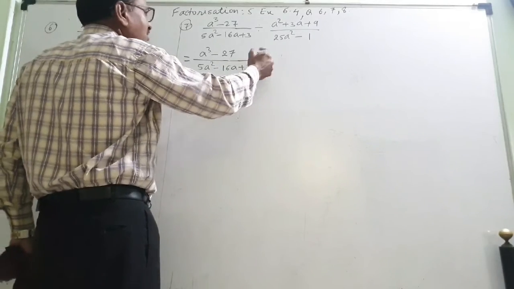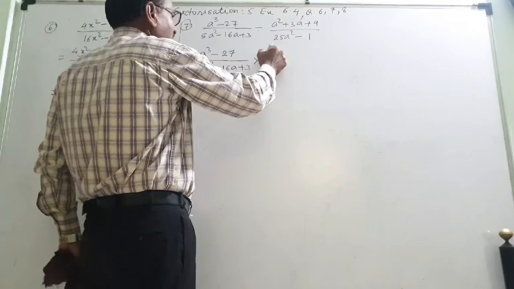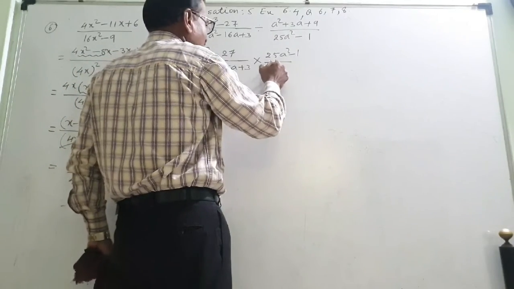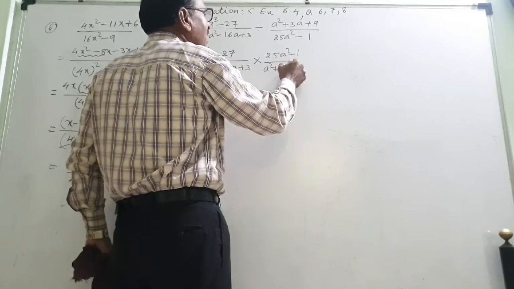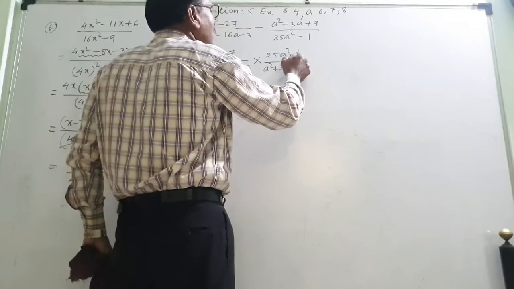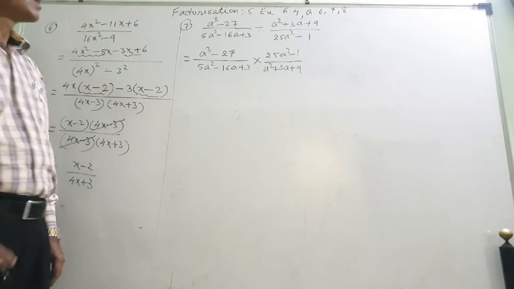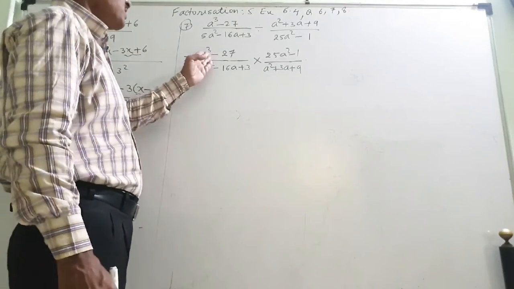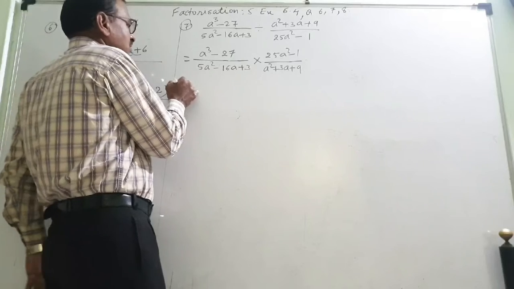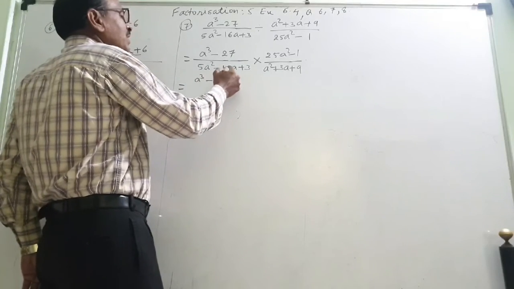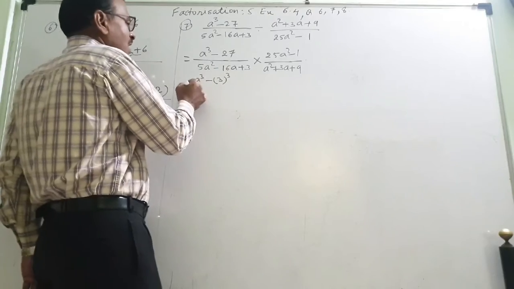Divided by means 25a square minus 1 will go up and this will come down, a square plus 3a plus 9. Okay. Now this is a cube minus b cube format. See it, a cube minus 3 cube upon.